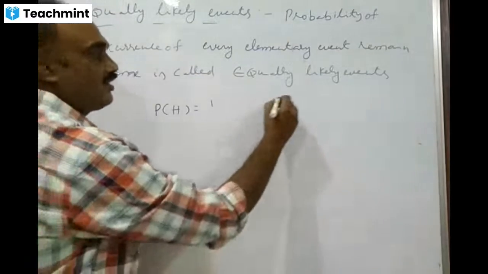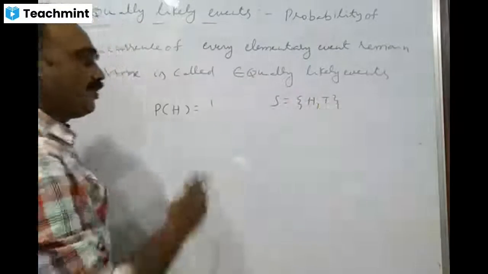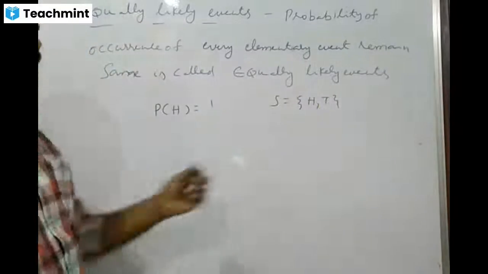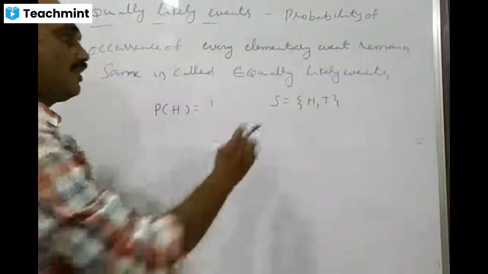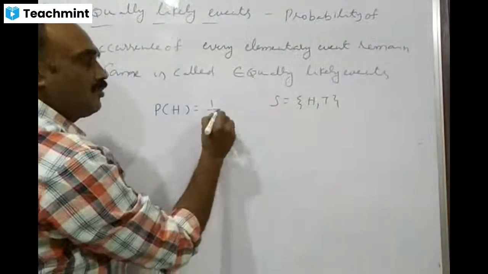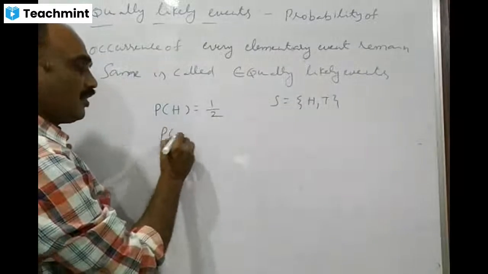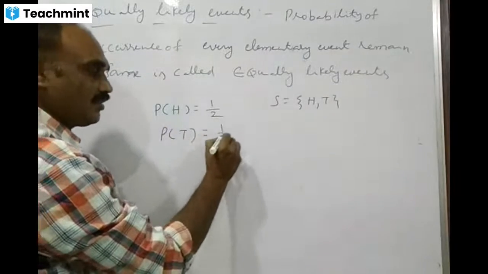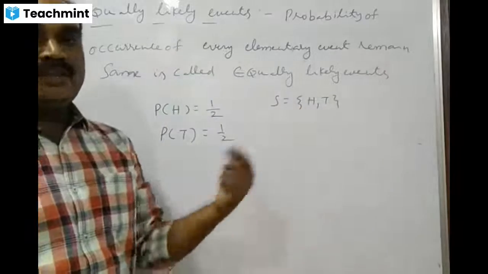For a coin, the possible outcomes are H and T. Favorable outcomes is 1, total possible outcomes is 2. Probability of head is 1 by 2. Probability of tail is also 1 by 2. So here these are equally likely events.